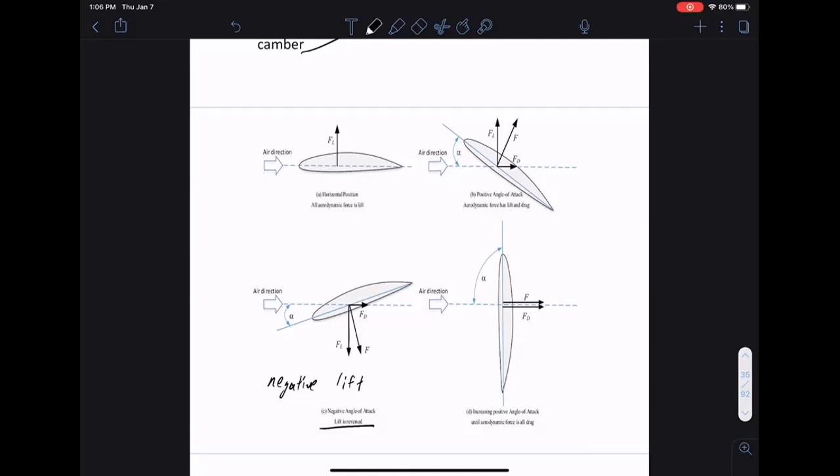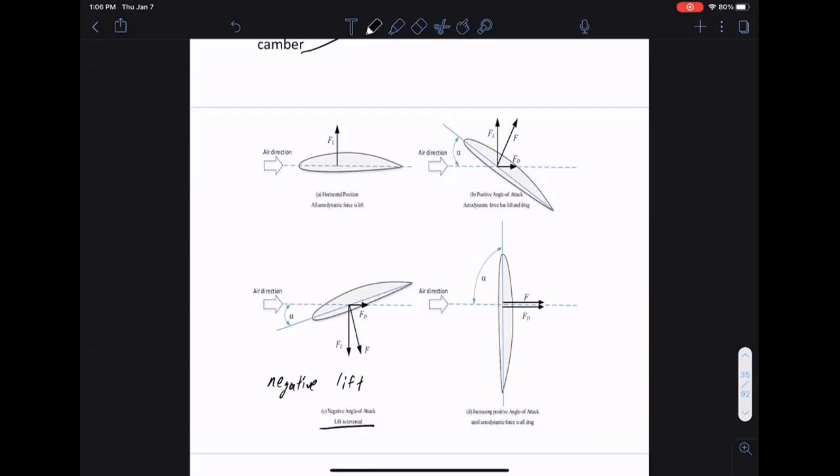Or if you put it completely perpendicular to the air, then everything is drag and you don't move that much, so you can lock the turbine mechanically. All this is possible, and this is actually the main control mechanism of a wind turbine, to control how much power you generate.